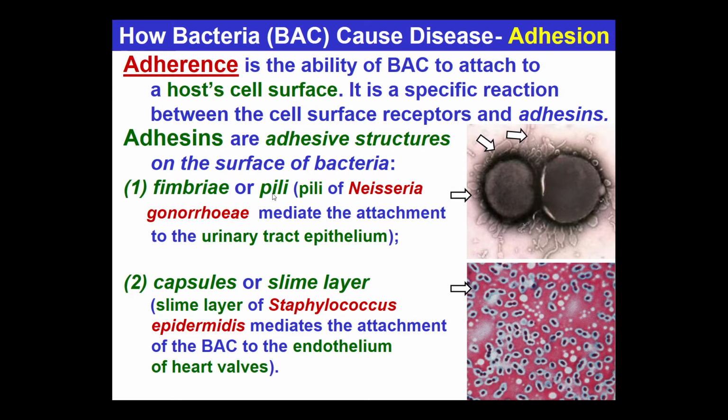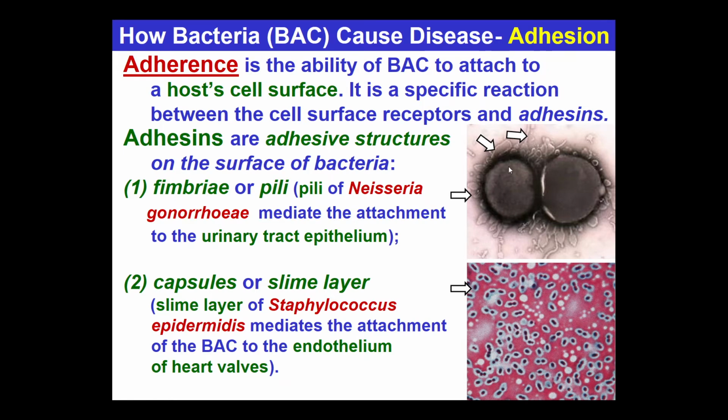Not all the pili are adhesins of the bacteria, but fimbriae, or simple pili, of bacteria, for example of Neisseria gonorrhoeae shown here, mediate the attachment of this bacteria to the urinary tract epithelium.